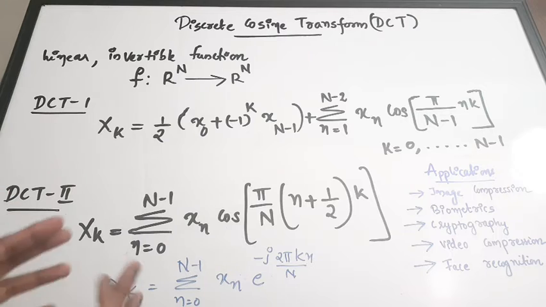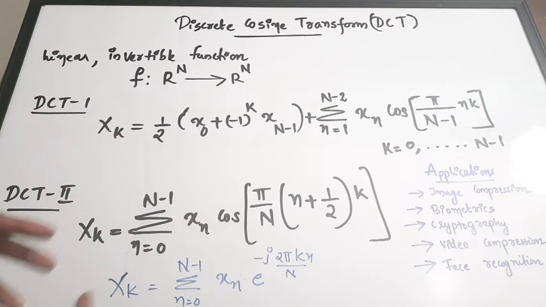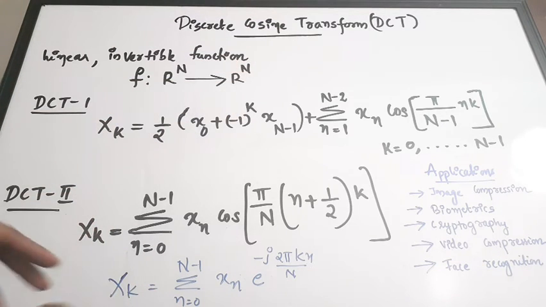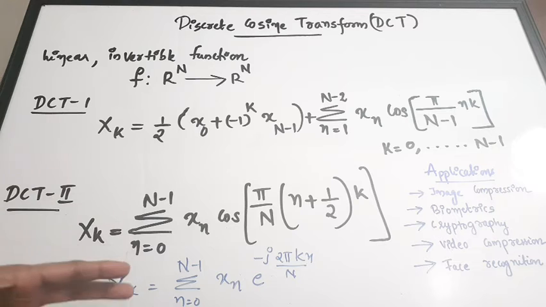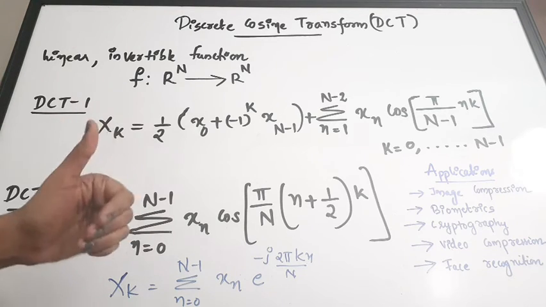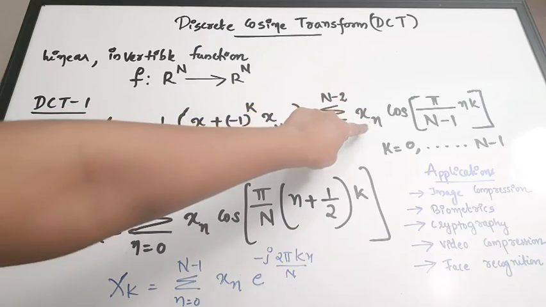Okay, so you will be giving some input data to this transform, and by using this expression you will be converting that data sequence to a DCT expression. So the data sequence which you are giving is small x: x of 0, x of N minus 1, all these x of n.